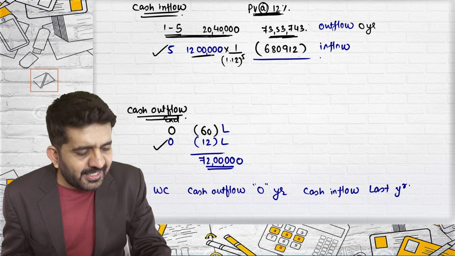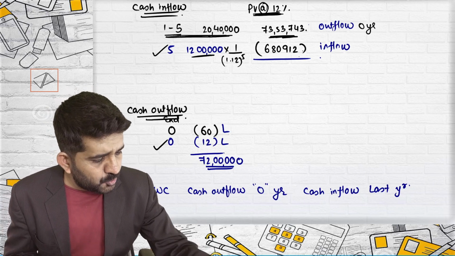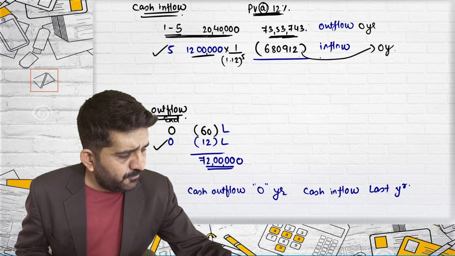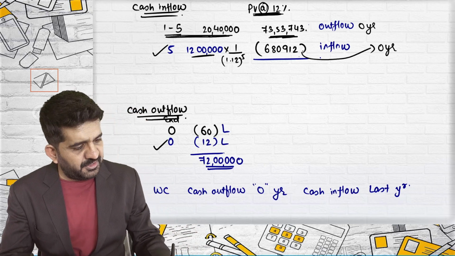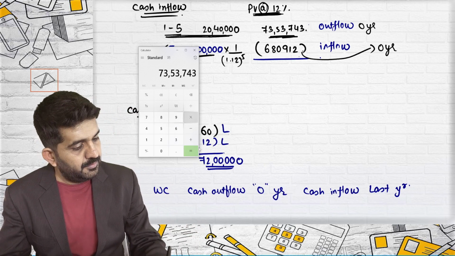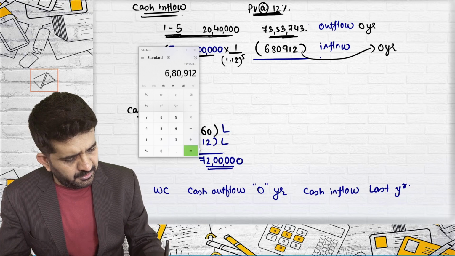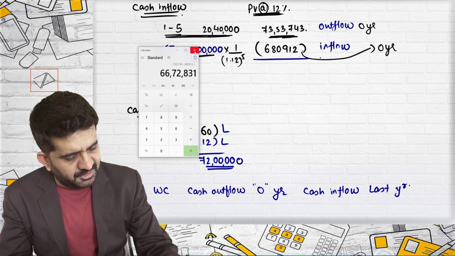I cannot directly deduct 12 lakhs because it is at the end of 5th year. This value 6,80,912 is at the end of 0 year. So I can deduct it from this figure 73,53,743 minus 6,80,912. It is 66,72,831.